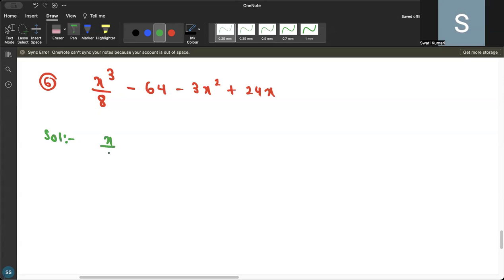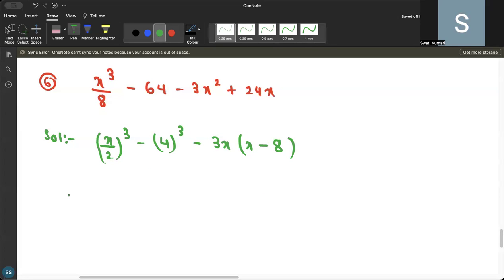So I can write x upon 2 whole cube, and 64 as 4 whole cube. Then minus 3x square plus 24x. I can take 3x common. In the bracket, because the minus sign is outside, this is x, and this will become minus 8.